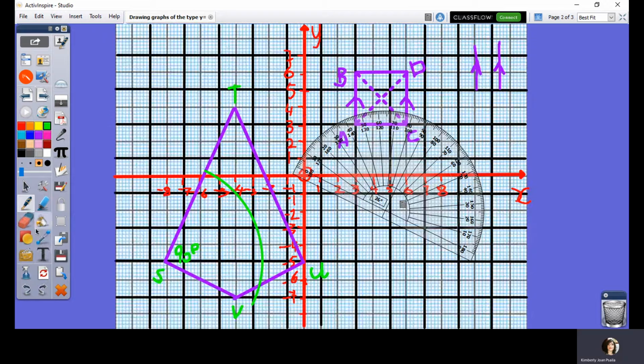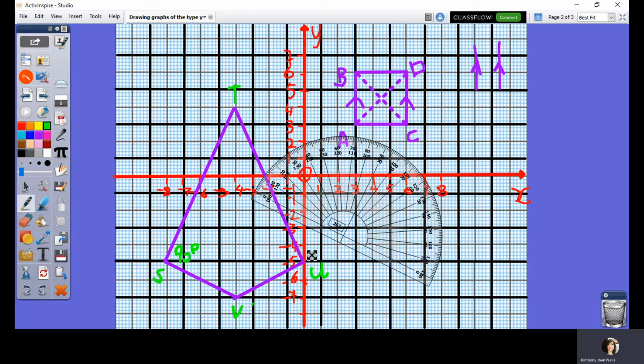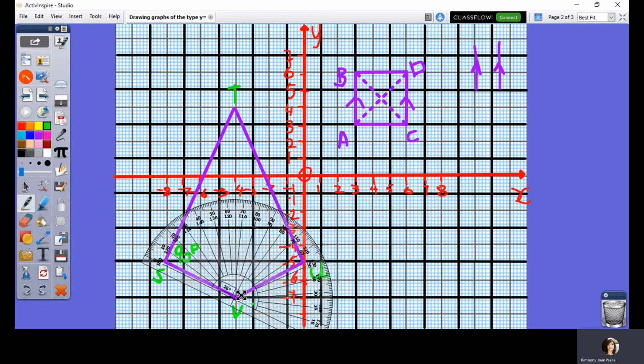Alright, so now we have another example. Sorry, I have to remove this for you. Okay, so it looks better. So we have to find angle V. Again, you put the center point of your protractor on V. You put the zero line on one of your lines.